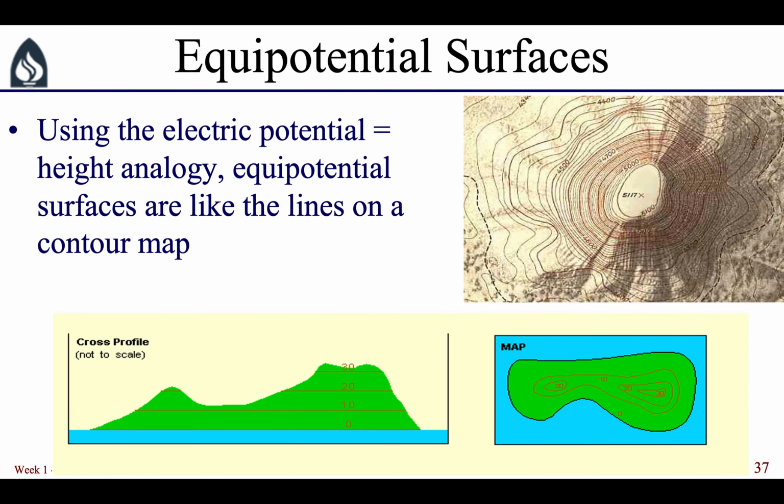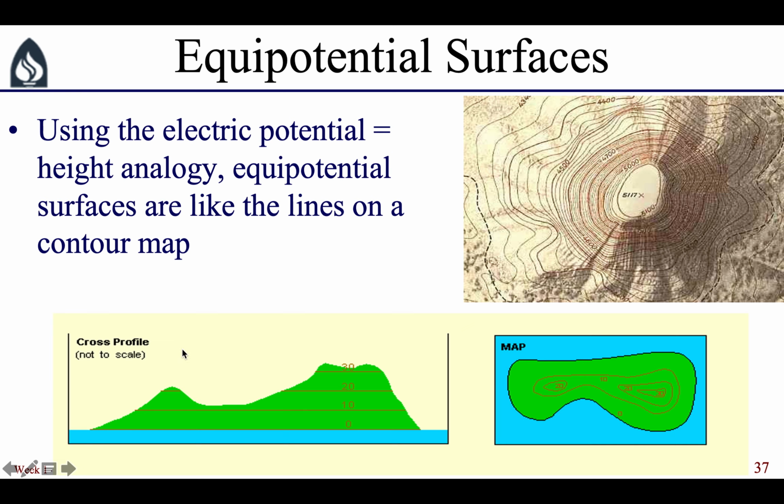So if we think of electric potential as being the height for positive charges, the equipotential surfaces are like the lines on a contour map. The way a contour map works is that it shows you the elevation profile by having lines that are drawn at constant height.